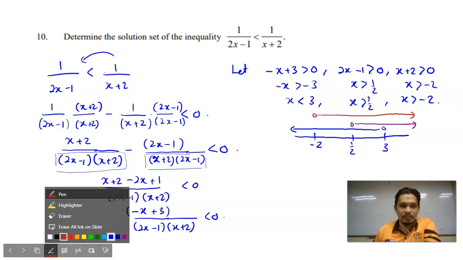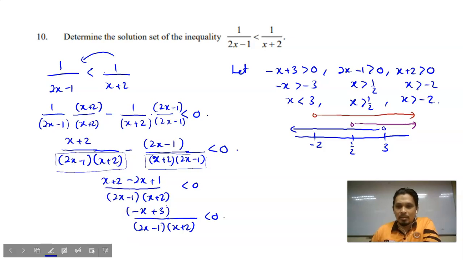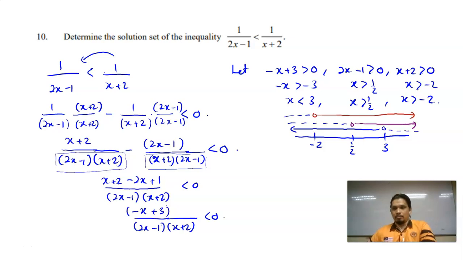So then the rest of it, for this one here, we make this kind of line, and also here and here. So we got 4 different sections in orange: from negative infinity until negative 2, negative 2 until half, half until 3, and 3 to positive infinity.